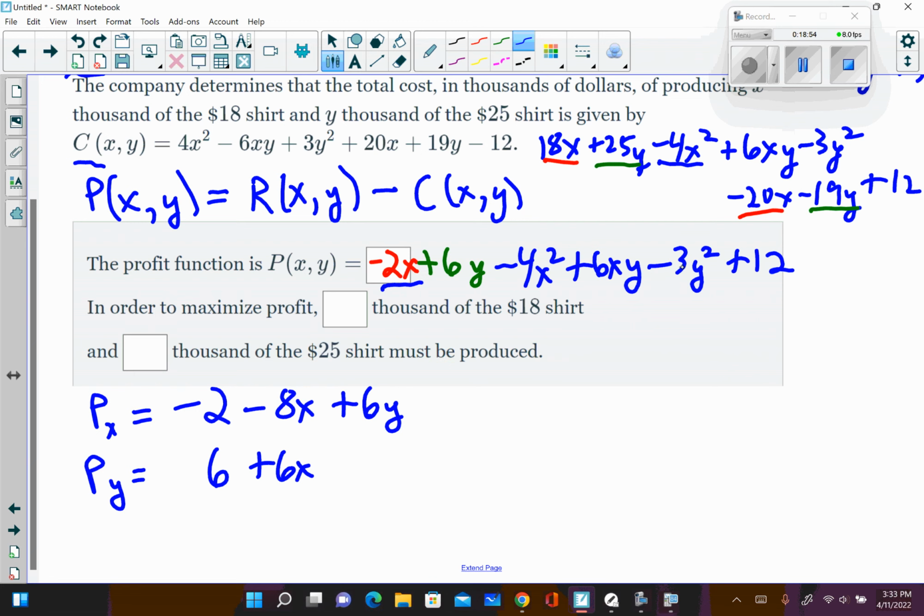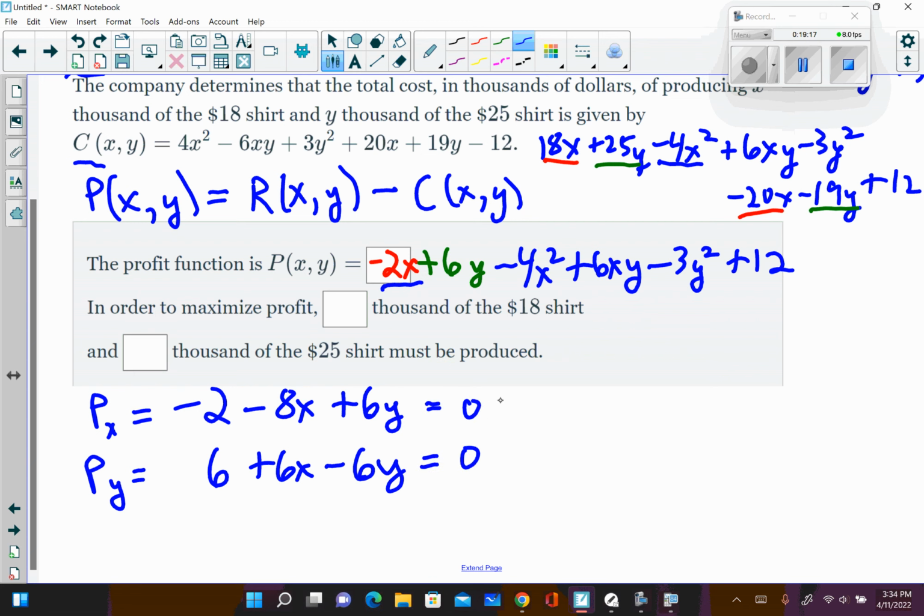The derivative of negative 3y squared is negative 6y. And the derivative of 12 is 0. To maximize or minimize when there's a function of two variables, we find when these partial derivatives are both equal to 0.